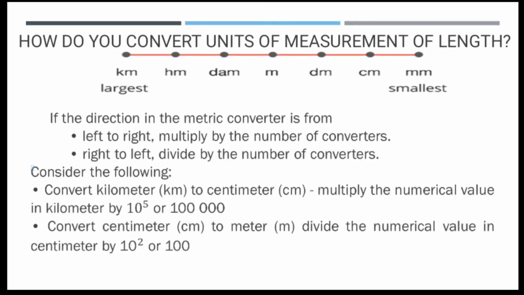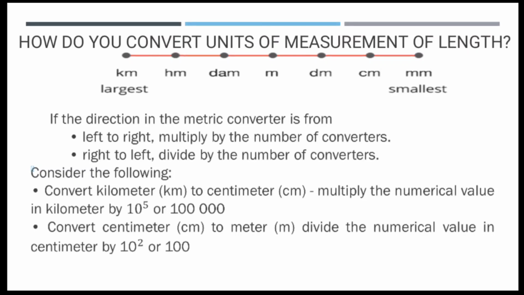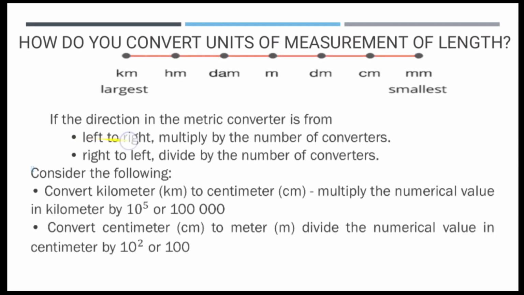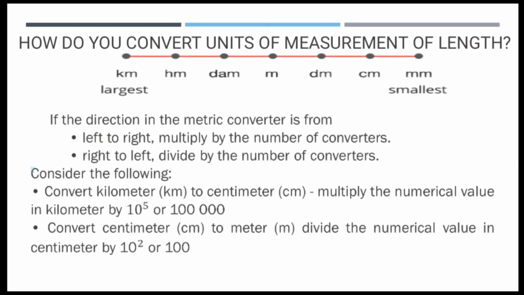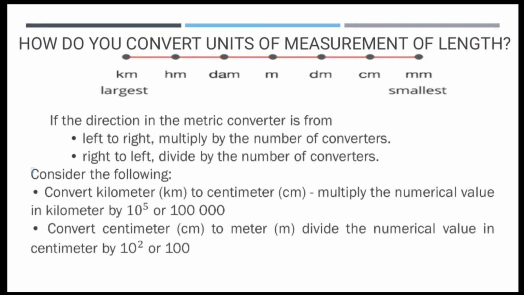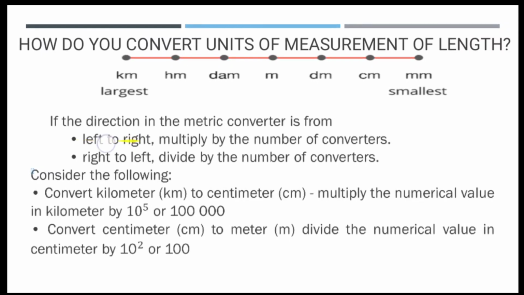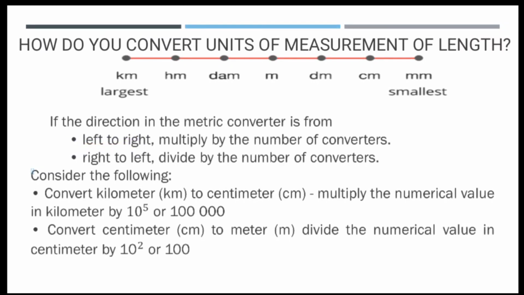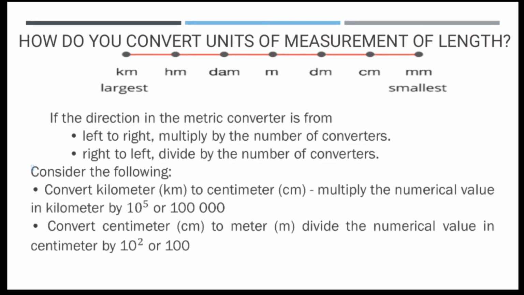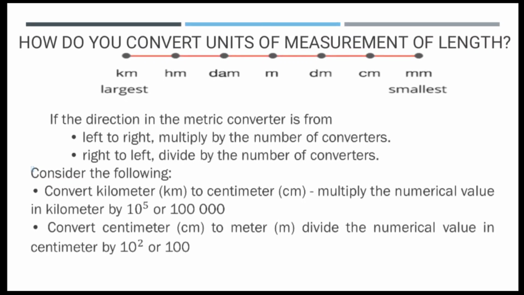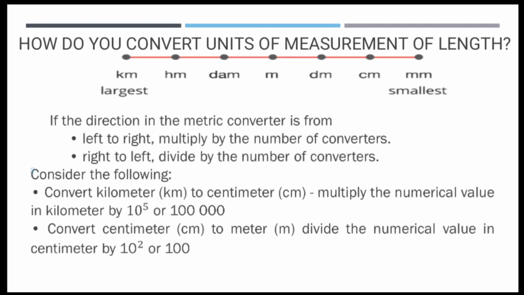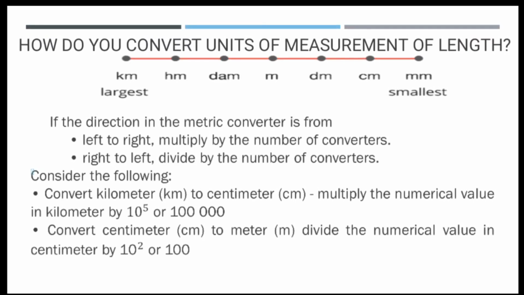If the direction in the metric converter is from left to right, from the given unit to the unit we are going to look for, we have to multiply by the number of converters. So what are the converters? We have 10, 100, 1,000, 10,000, 100,000.